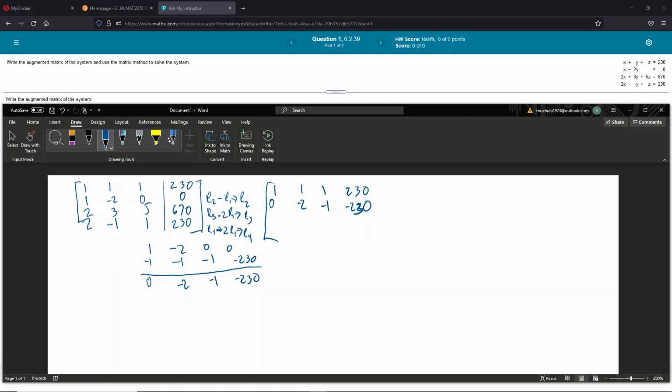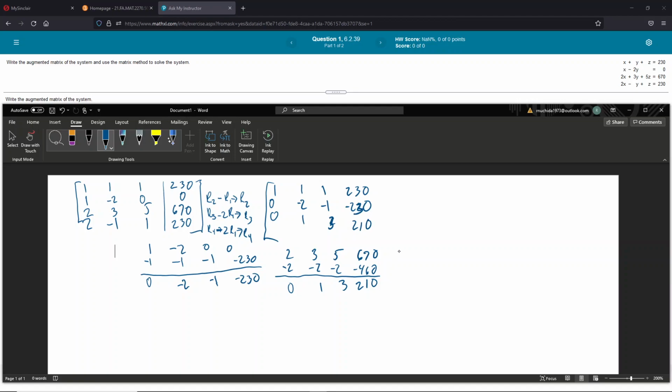Now for row 3, we take our previous row 3, which was 2, 3, 5, 670, and add to it negative 2 times row 1. Negative 2 times row 1 is negative 2, negative 2, negative 2, negative 460. Adding those together, we get 0, 1, 3, 210.